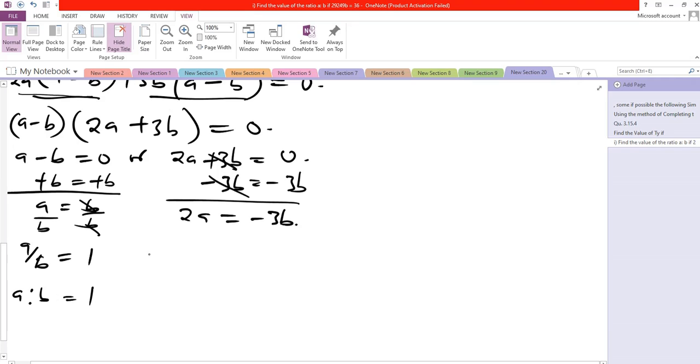Now we want a situation where a over b is on this side, and the term without the variable on the right hand side. So if we want to do that, we are going to divide both sides by this term, because we don't want any number on this side. We'll use this term.